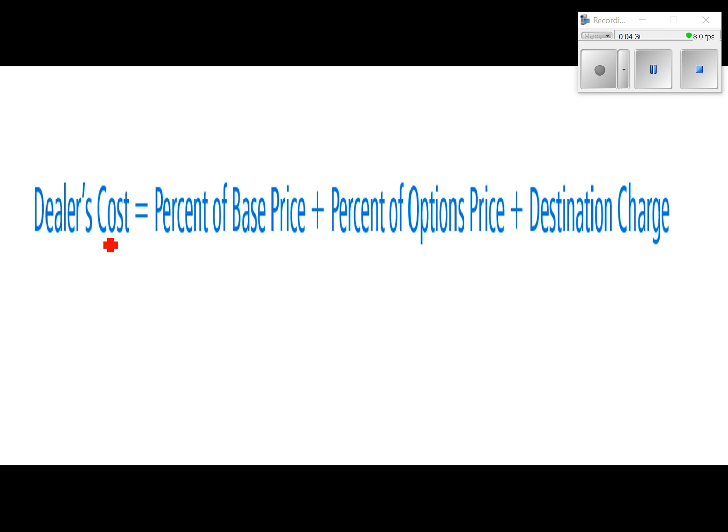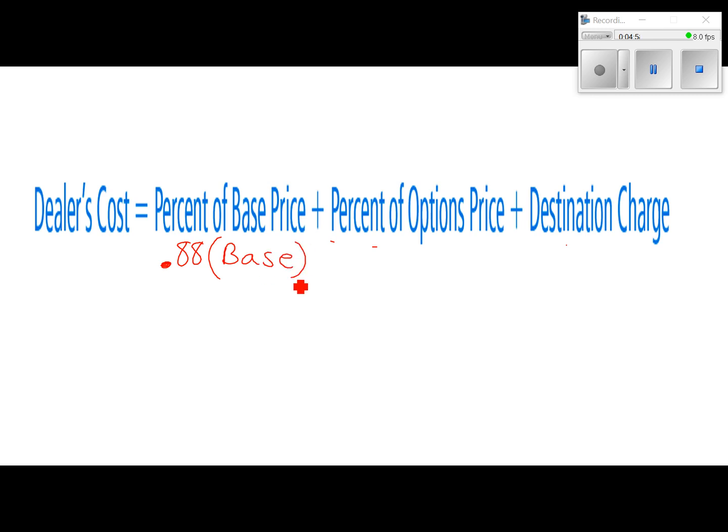Dealer's cost, remember the dealer's cost was percent of the base price plus the percent of the options plus the destination charge. So they told you something like the dealer paid 88% of the base price, so it's 0.88 times the base price.